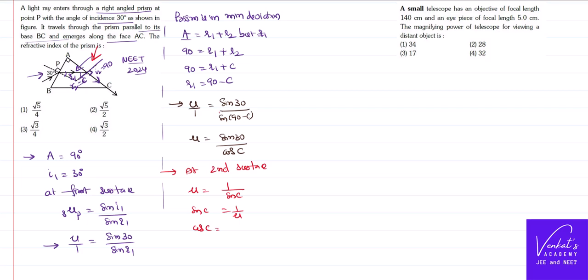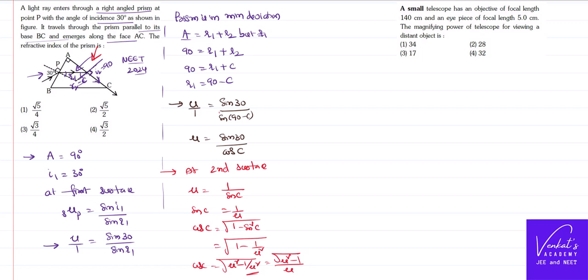Cos C can be written as the square root of 1 minus sin square C. That's 1 minus 1 by mu square, that is mu square minus 1 by mu square. That is 1 by mu times the square root of mu square minus 1.